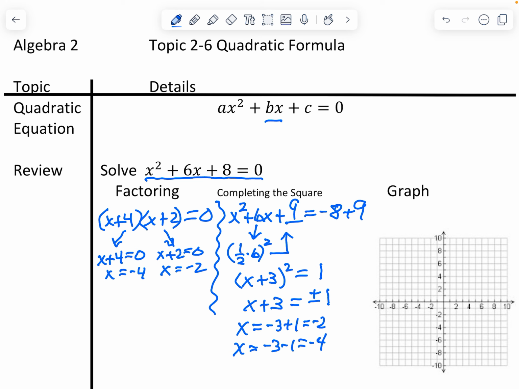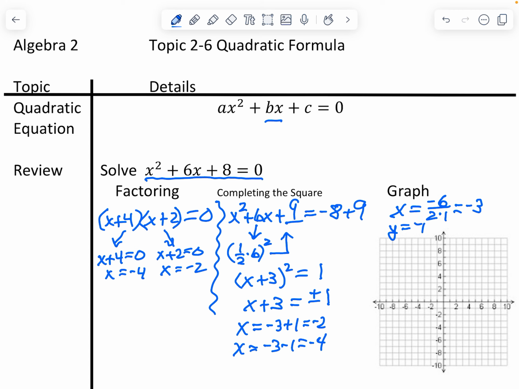Now, we could also do it by graphing. We're going to first look at the vertex. So my vertex will be x equals the opposite of b over 2a. The b is 6, so opposite of b is negative 6. 2 times a is 2 times 1, so I get negative 3. And if I put that into my original equation of x squared plus 6x plus 8, I get a y value at the vertex of negative 1.